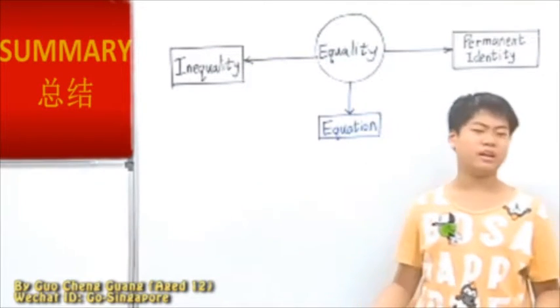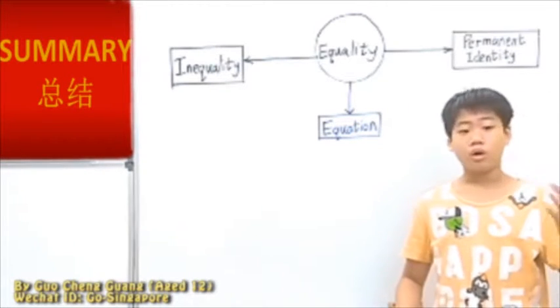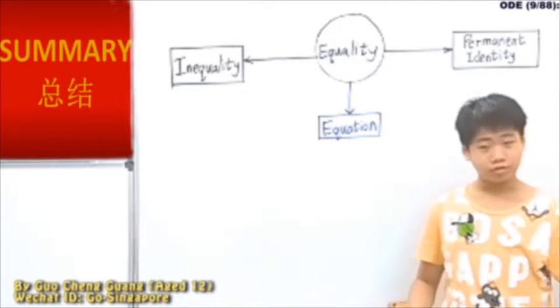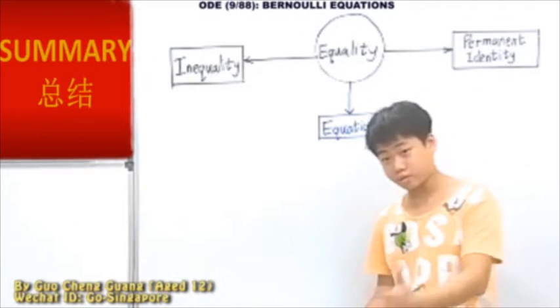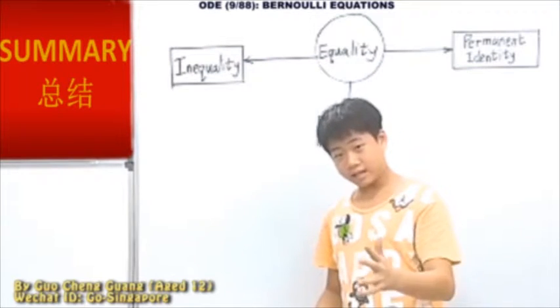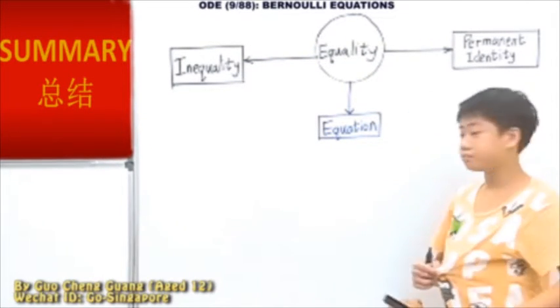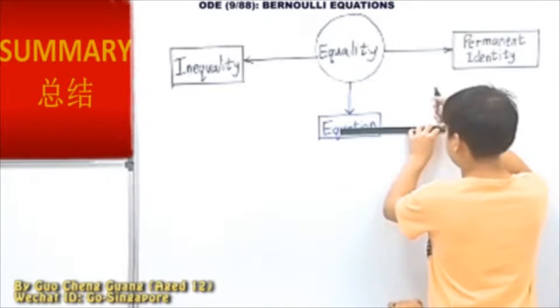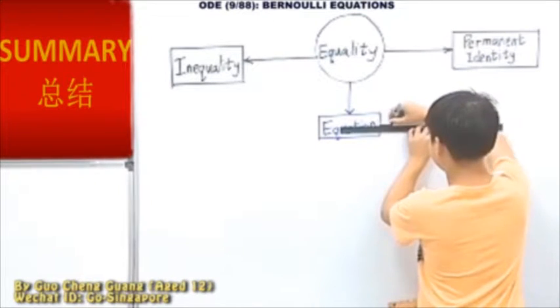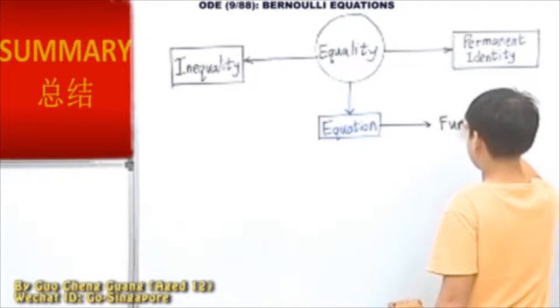But then x and y, of course, have infinite solutions. So we change the form x plus y equals 5 into y is equal to negative x plus 5. That's just one of these examples. So then you get functions. These are functions.